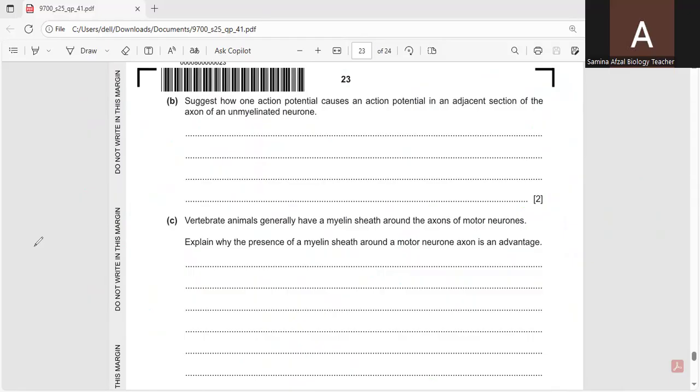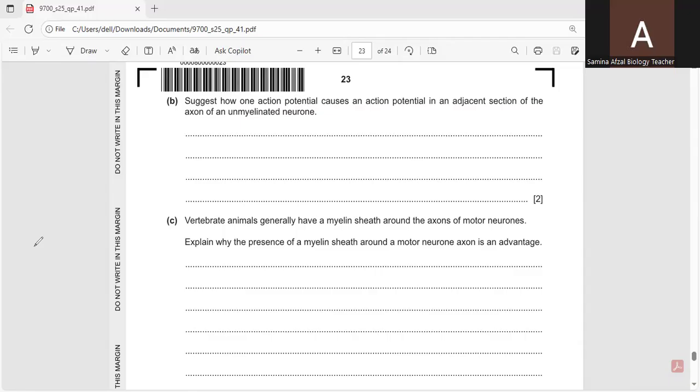So we can say that this process, where an action potential causes an action potential in the adjacent section of the axon of the unmyelinated neuron, is called local current flow or conduction by continuous propagation.